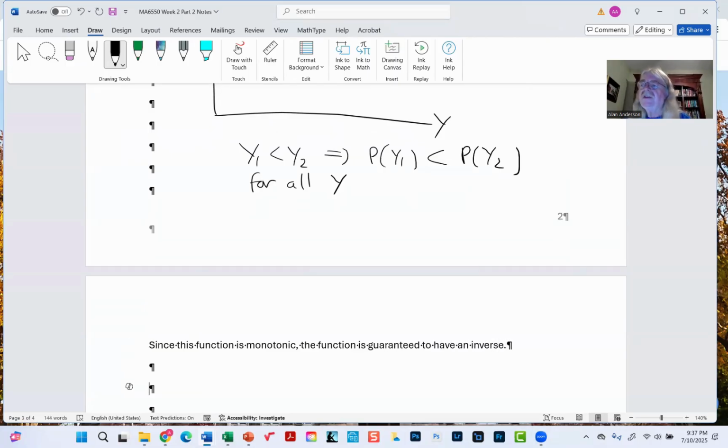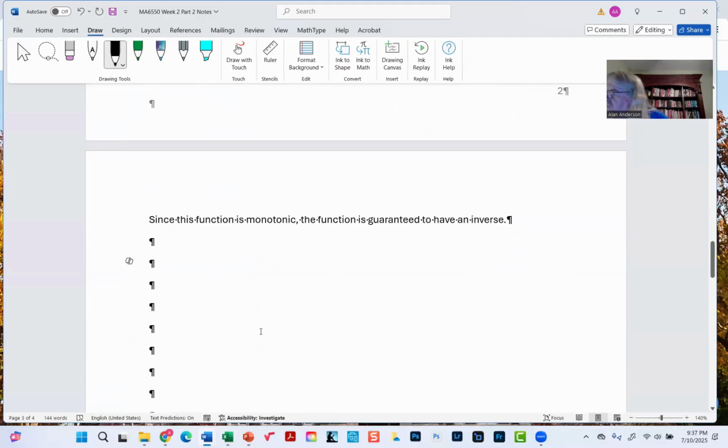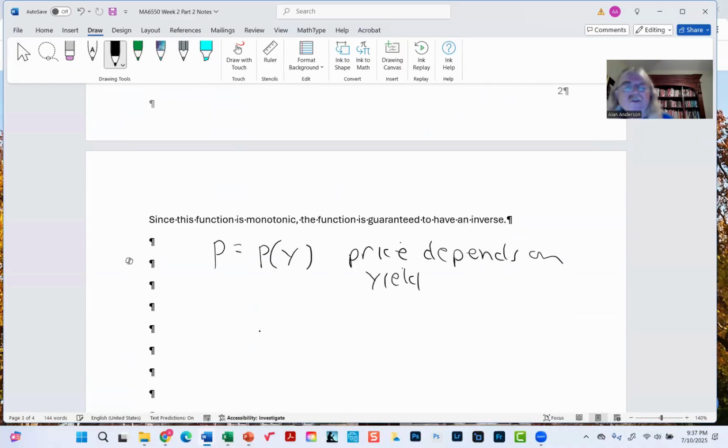Why does that matter? Because in a case like this, as you can see, the price of the bond depends on the yield. But you could also make the case that the yield depends on the price.